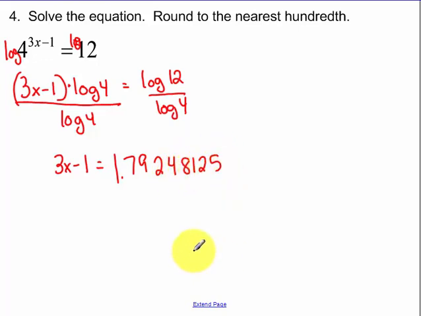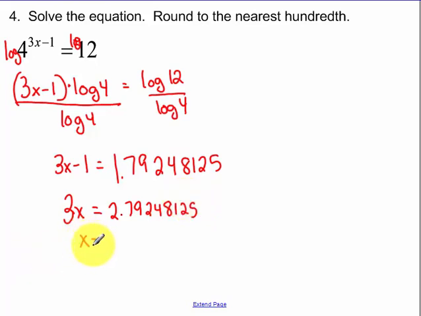I want us to be the most exact, so use that previous answer feature in your calculator and say 3x is equal to 1 plus that previous answer. So 2.792481125. Now take that previous answer and divide by 3.